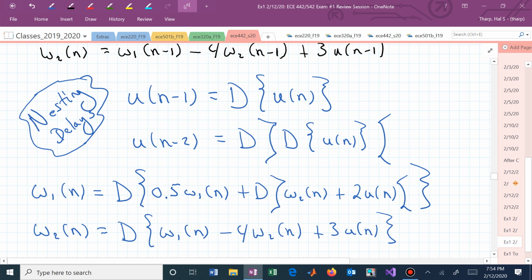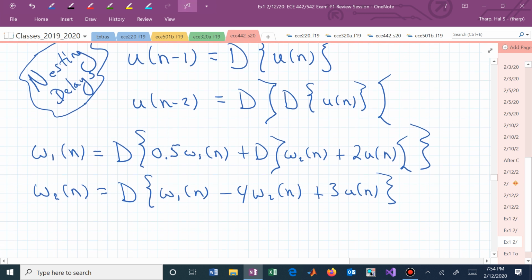All of this equation now, I hope you see, is made up of W1 at time n, W2 of n, and U of n with delay operators, and that's what's going to be in our all delay block diagram. Those are the only signals present, but they have to be passed through delays. Now I want to build my all delay block diagram from these two equations.